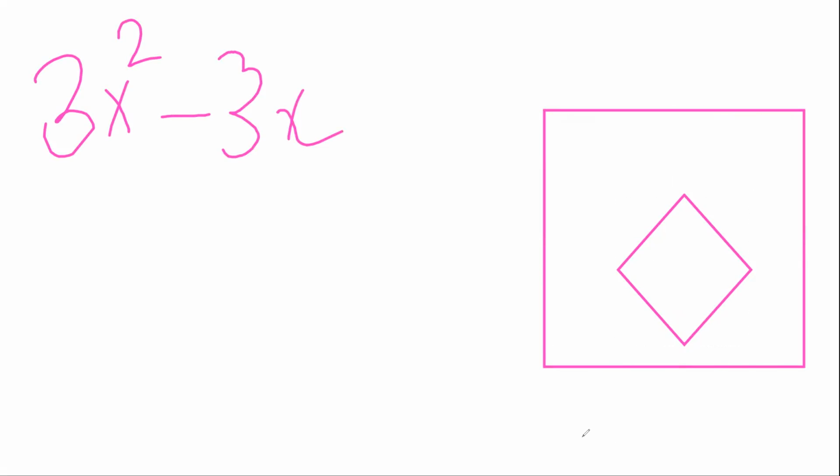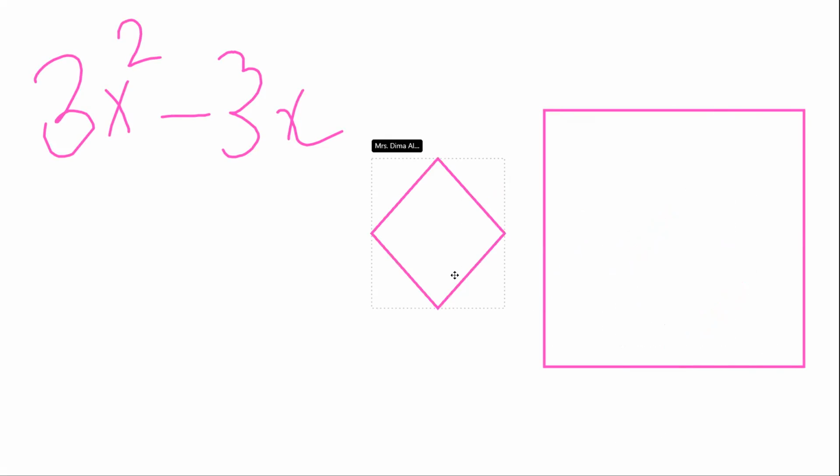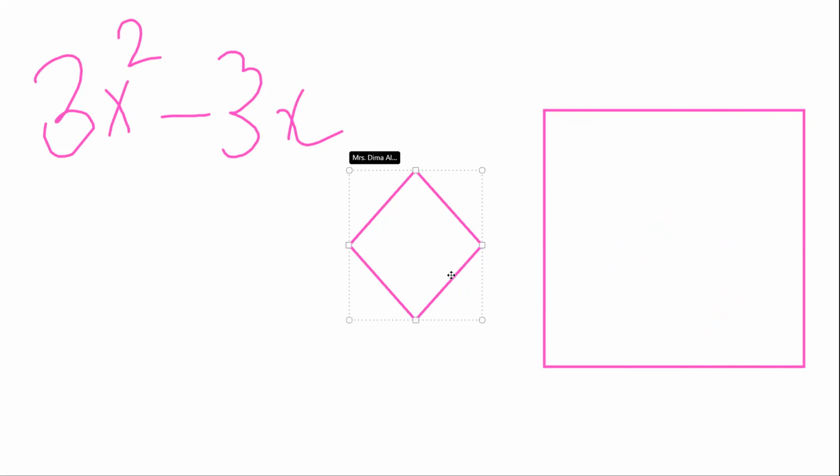And I asked you to factorize it, to put this shape outside. To put it outside, the first step is to find the GCF. Then we have other steps. We will talk about them later on. But do you know now the difference between multiplying and factoring?